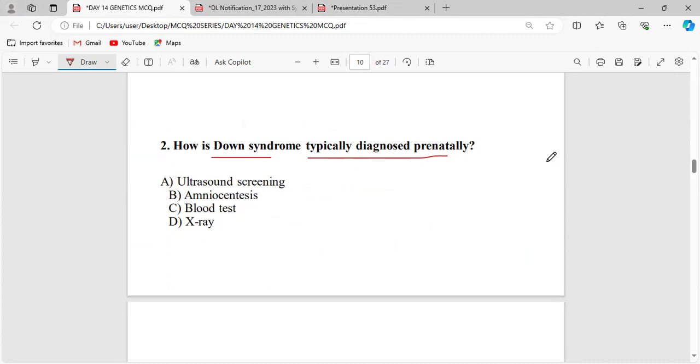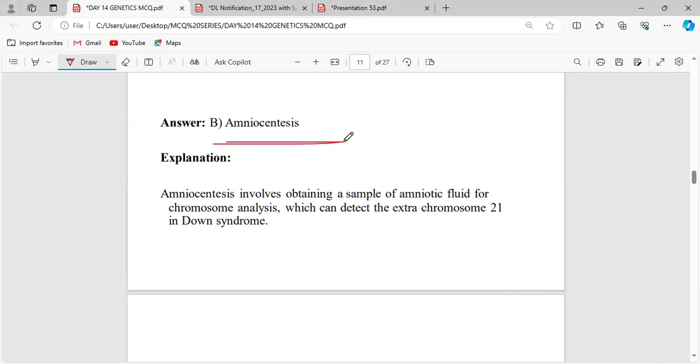Now, how is Down syndrome typically diagnosed prenatally? Prenatally means before birth. How can we find whether this baby will experience Down syndrome or not? That is amniocentesis, because for diagnosis we take the amniotic fluid for analysis.